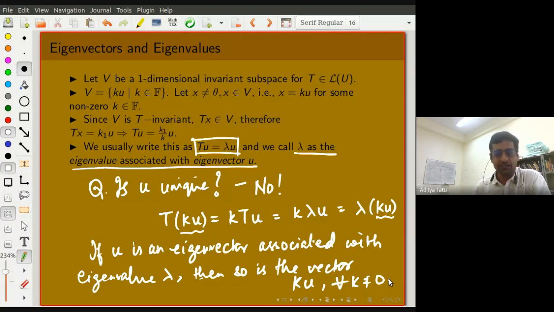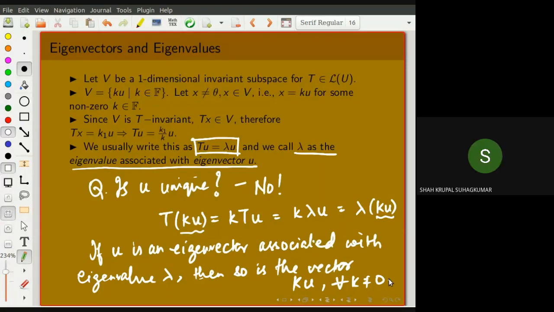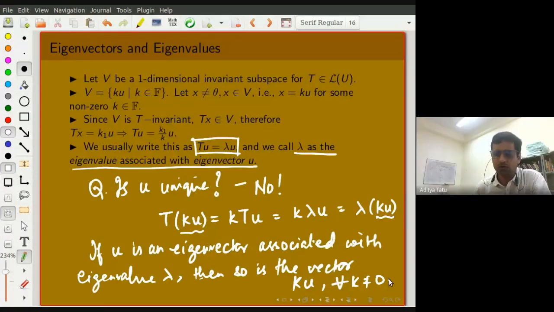Can anybody think about the reason why K should not be 0? So then all the transformations would map to identity only. No. Why? If K is 0, what happens? KU becomes theta, right? X becomes theta.